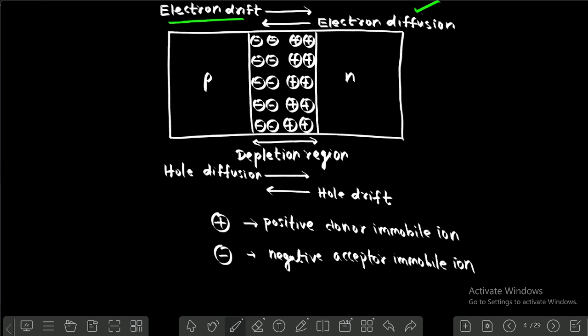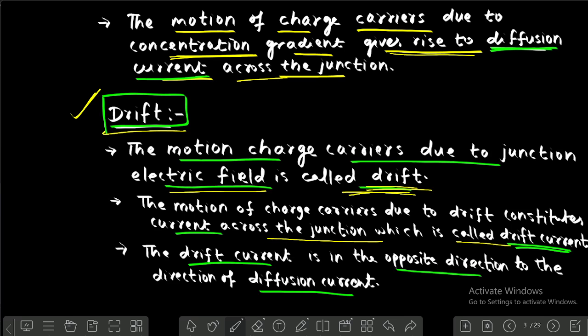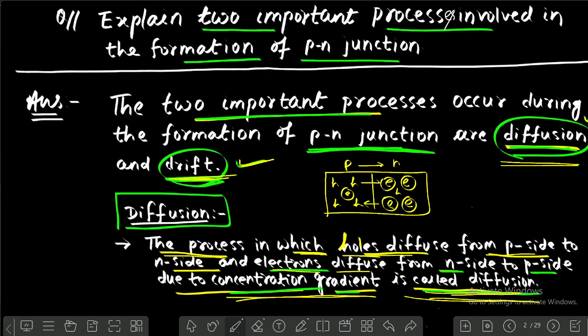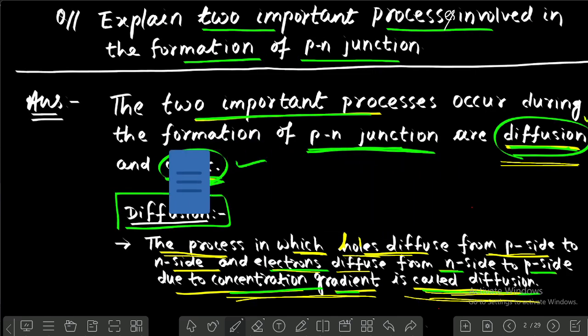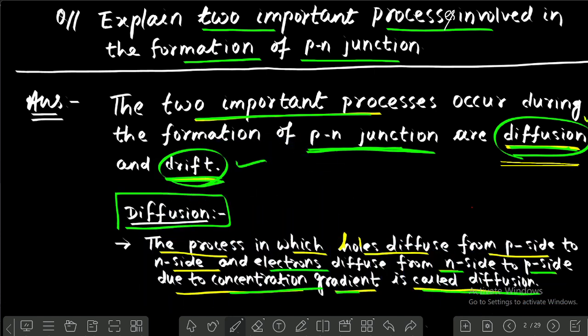And drift is the motion of charge carriers due to the junction electric field. After that, you must draw this diagram. This can come as a 2 mark or 3 mark question. Remember, I have discussed 3 pages here: diffusion and drift.